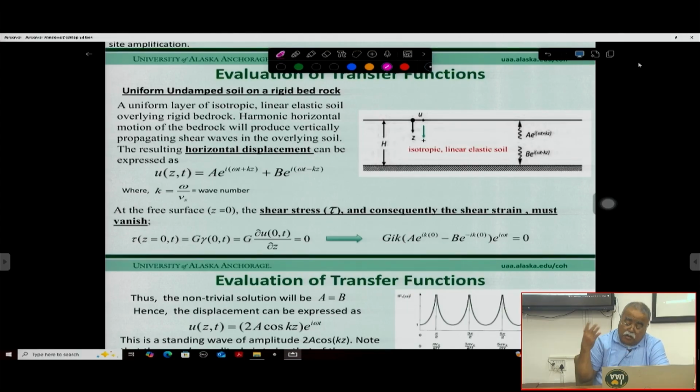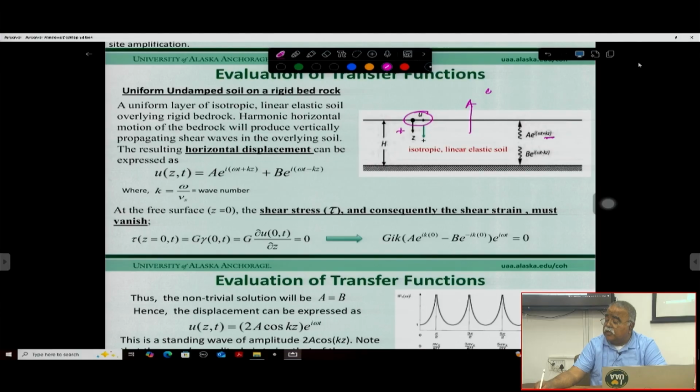In our calculation we are always assuming z is positive downwards, and u is the displacement at the surface. Since it's a wave propagation, we write it as e to the power i omega t plus kz.